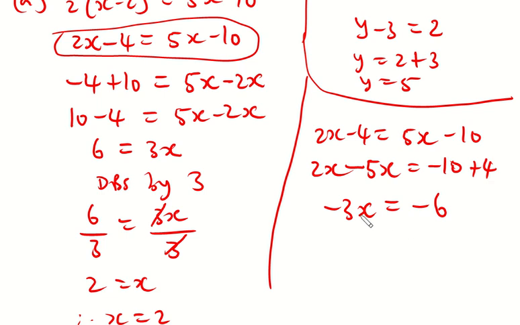And then you divide both sides by what? Minus 3. If you divide both sides by minus 3, the minus 3 will cancel this minus 3. So your x will be equal to what? Minus 6 over what? Minus 3. So minus cancels minus, and your x is equal to what? 2. So you will always get the same answer, even if you leave the terms with the letters on the left-hand side or on the right-hand side. Take note of that. Is that okay?